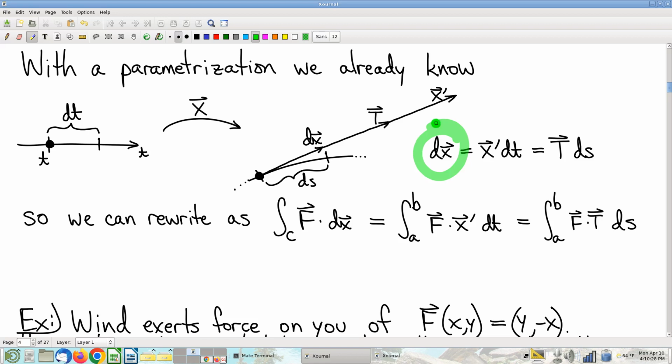Different ways you can think about it, but one natural way is that it's the unit vector t, defining our orientation, times this ds representing the size of the corresponding piece of our curve. So it's orientation times differential size.